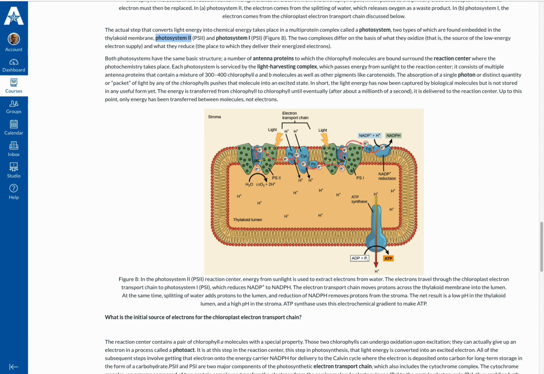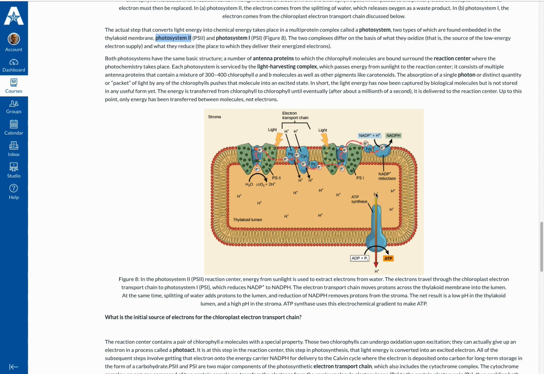They get re-energized by more photons in photosystem 1. And this time we're using those electron energies to reduce NADP+ to NADPH. And finally we have ATP synthase, which is flipped backwards compared to the mitochondria.